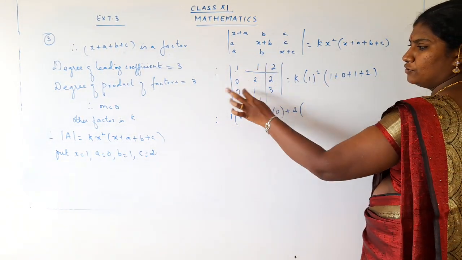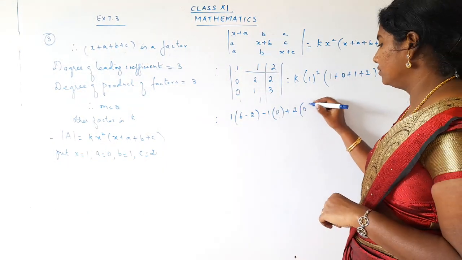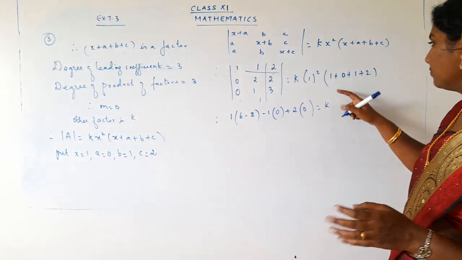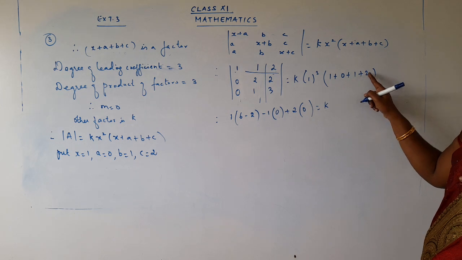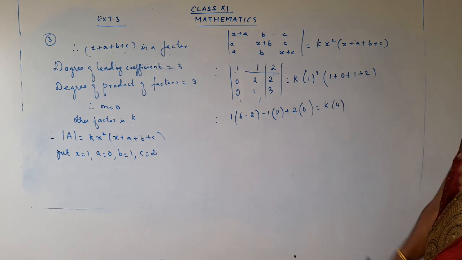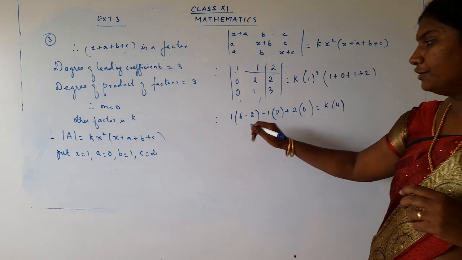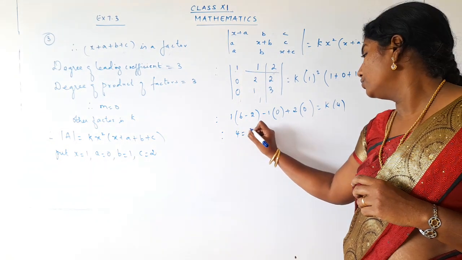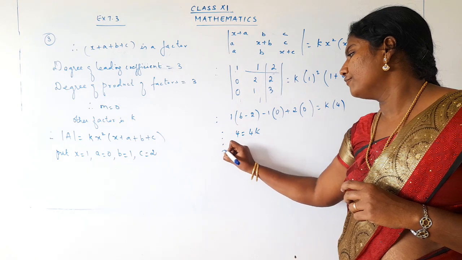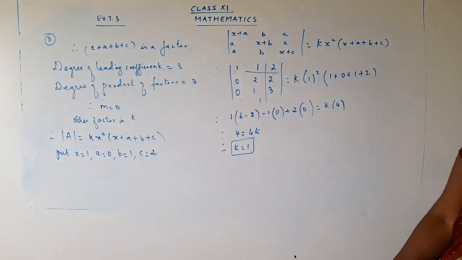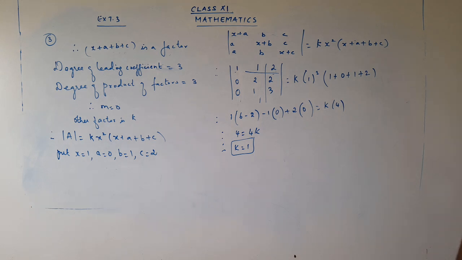What I get here is 0 minus 0 again, so that becomes 0. This is equal to k into 1, which will be k only, so I just keep it as k. This is 1 plus 1, 2, 2 plus 2, 4. I get 4 here. Now this term is 0, this term is 0. So 1 into 4 is 4. So I get 4 is equal to 4k. Therefore k is equal to 1. So we have found the value for k as 1.